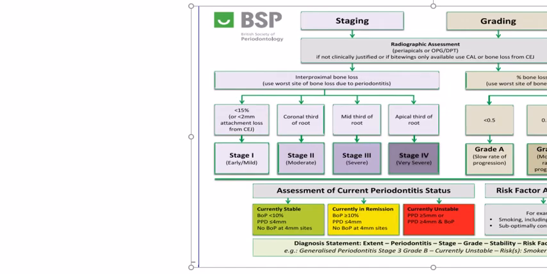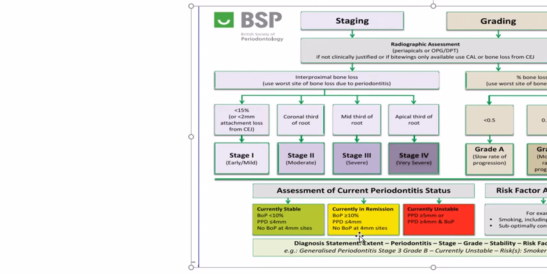And just to back that up again, I'm going to use this from the flowchart. You've got these boxes to show the current status. For stable, bleeding on probing is less than 10%, periodontal pocket depths are less than or equal to 4 millimeters, and there is no bleeding on probing at 4 millimeter sites.